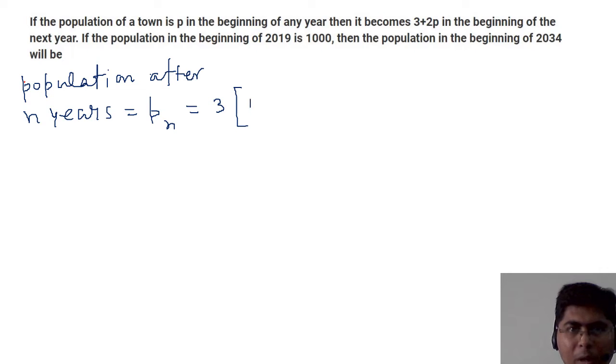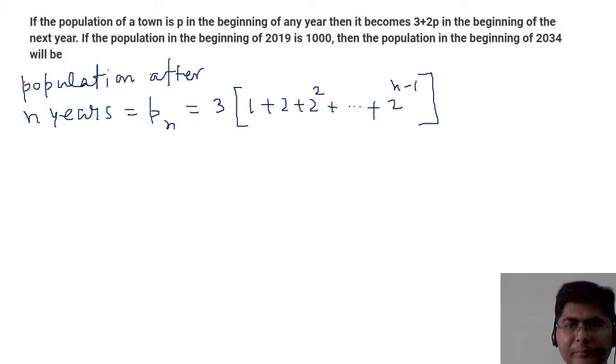Then it will become 1 plus 2 plus 2 square plus dot dot dot. What will be the maximum power of 2 in this case? 2 to the power n minus 1. Then what will be the power of the next term? 2 to the power n, and here multiplied by P.